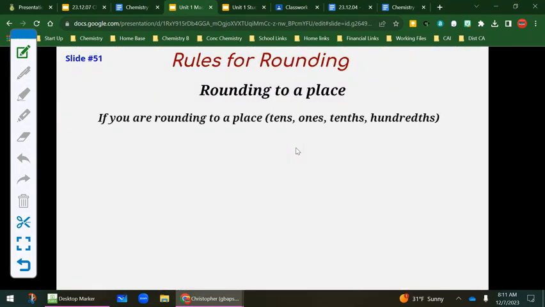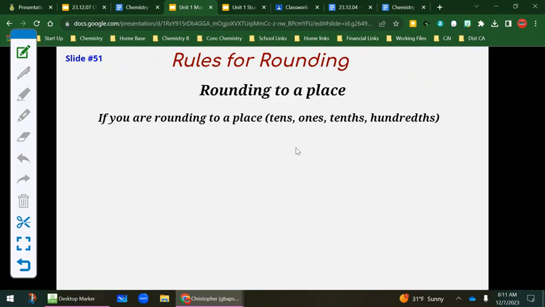So, first of all, this is the same rounding you would do in math class. In math, if you are rounding to the tens place, count from 0 to 100 by tens, Cynthia. So our number has to end like that: 10, 20, 30, 40, 50, 60, 70, 80, 90, right?